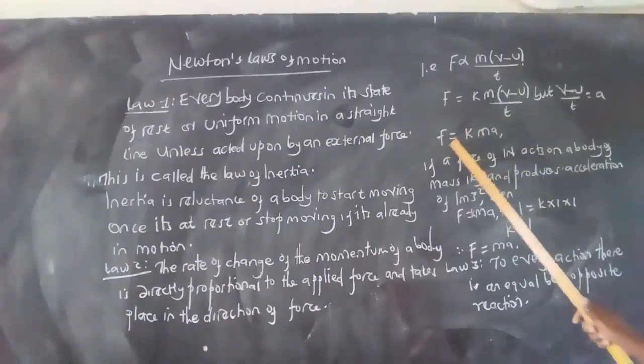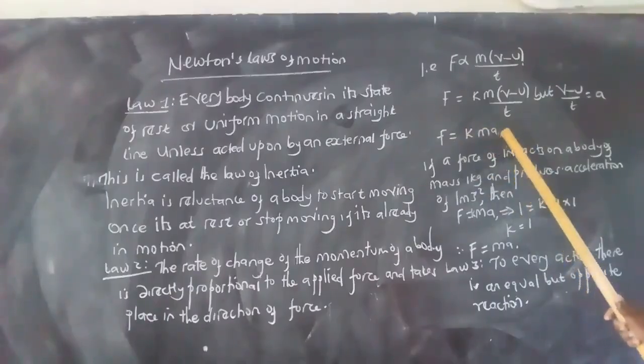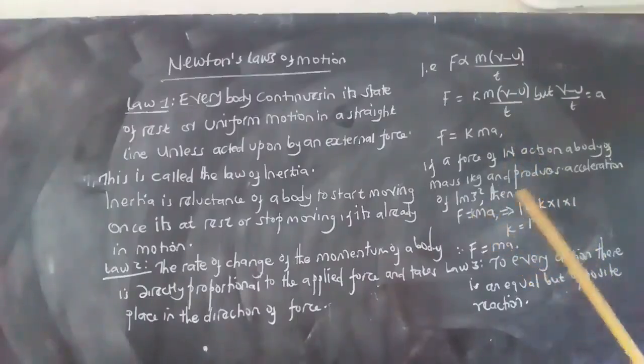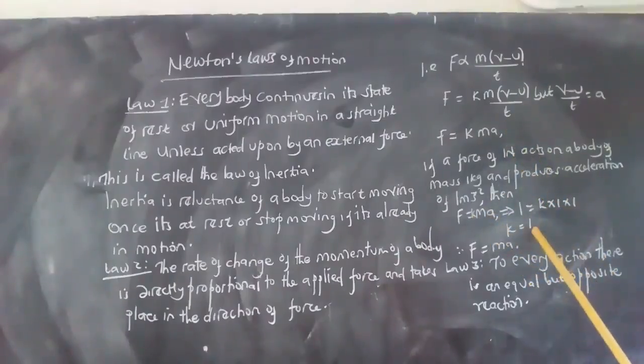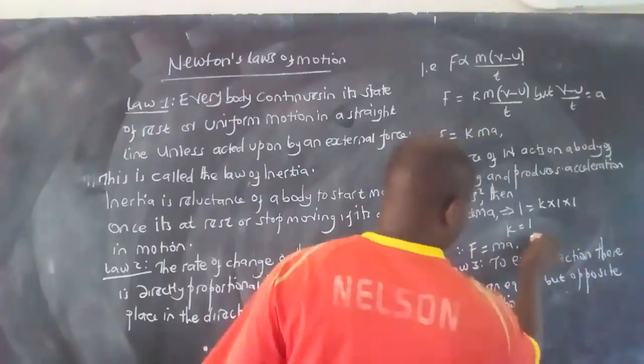But if the force is 1 Newton acting on a body of mass 1 kilogram to cause an acceleration of 1 meter per second squared, then when we substitute, our constant becomes 1. So since our constant is 1, we shall now say our force is equal to ma. Then we can say that the SI unit of force is Newton. SI unit of force is what?